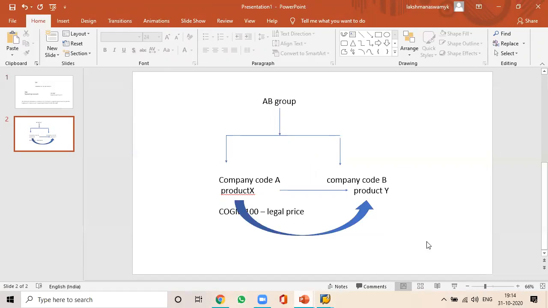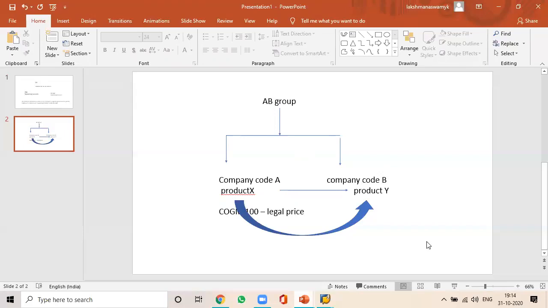Now, this company code A is selling this product X to its customers at 150 rupees. Company code A is also selling this product X to company code B, which belongs to the same group. In that case, it cannot charge 150 rupees from company code B also.